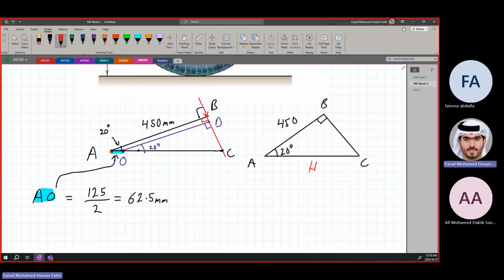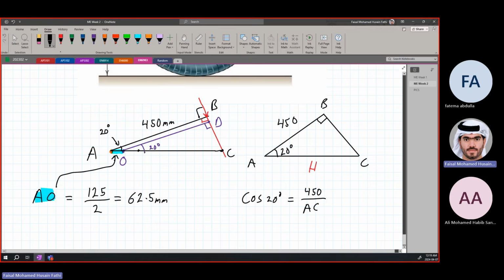So we can use SOHCAHTOA to find this. How will we do that? We have this angle, 20 degrees. We are given the adjacent side. So we're going to use cosine of 20 degrees equals adjacent, which is 450, over the hypotenuse, which is AC.